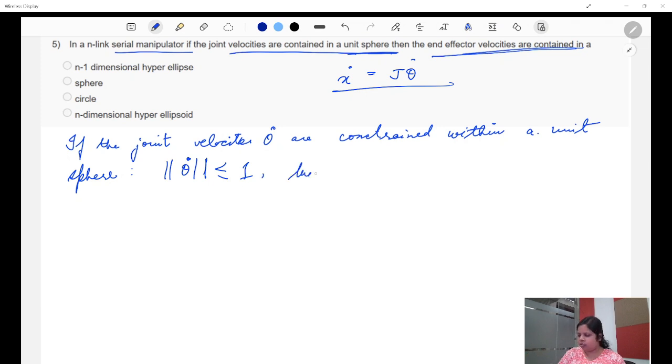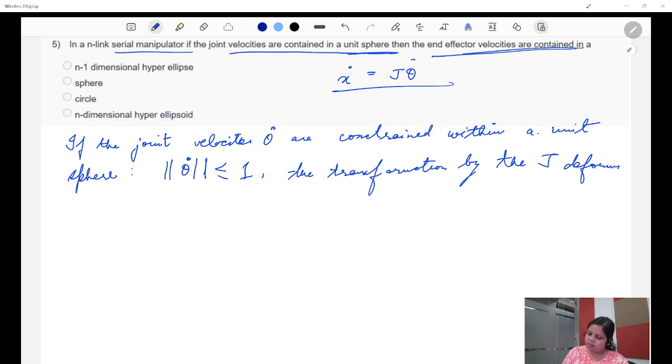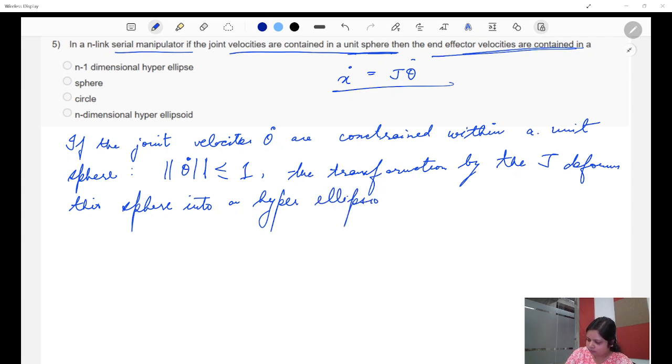So the transformation by the Jacobian matrix deforms this sphere into a hyperellipsoid in the task space.